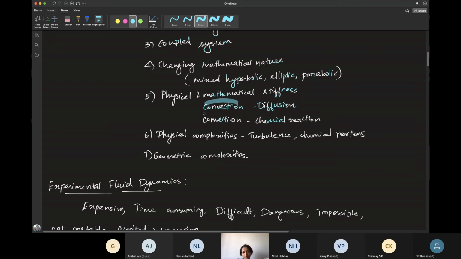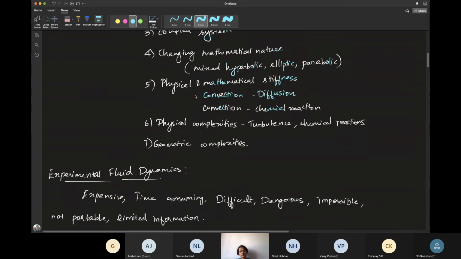When you are in the convective scale, you will have a large time step, and in that case you will lose diffusion. When you are in the diffusive scale, you will be able to capture convection, because diffusion is a slow process. When you have a low delta T, you will be able to capture both convection and diffusion. Because of this mathematical and physical stiffness, you will have complexities.